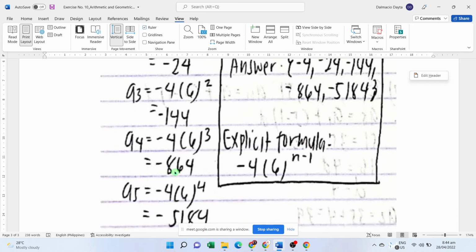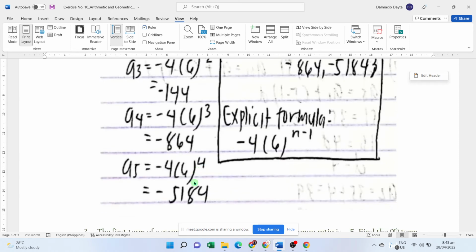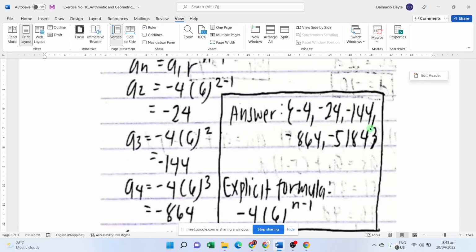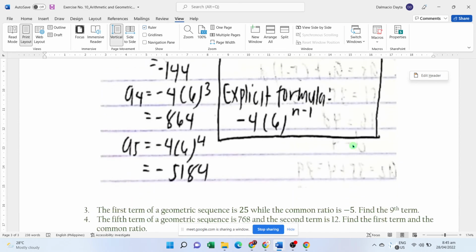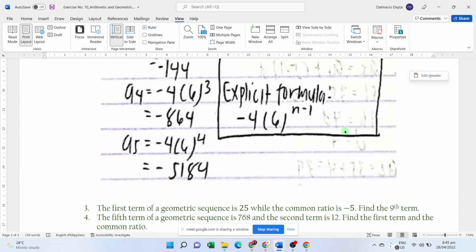And lastly, A5 equals negative 4 times 6 raised to 4 equals negative 5,184. So the answer is negative 4, negative 24, negative 144, negative 864, and negative 5,184. And the explicit formula for this is negative 4 times 6 raised to n minus 1.